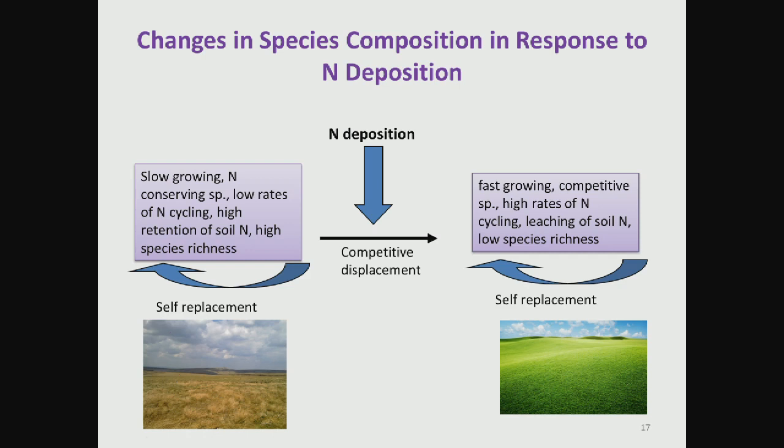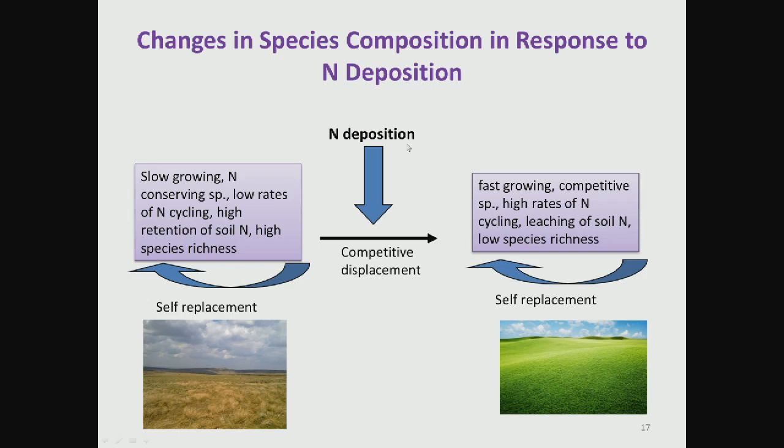Think about slow-growing plants, small plants, not big trees, low rates of nitrogen cycling in the soil, quite acidic, high species richness. If you put your quadrat down, there's a lot of species there, but you might not notice. That's ticking along quite nicely, laying down its bogs, sphagnum, and low nitrogen, quite happy.